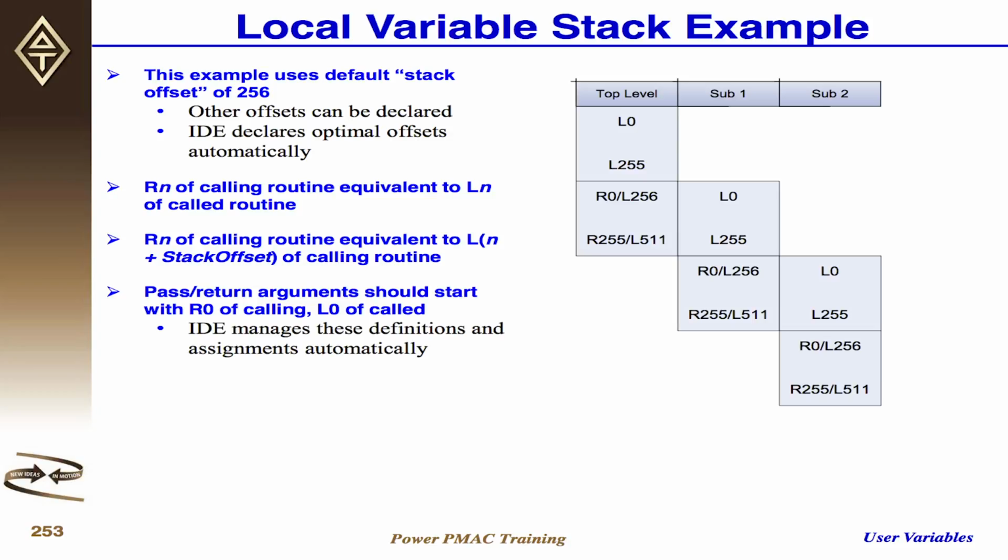That is now overriding the R variables from this one and even the L variables from this one. So you need to be careful just to make sure you're not going above 255. If you do, you probably want to try and figure out a different way to do it. Either define them as global variables or give them some scope such that they can be accessed from the subprograms directly, because with just local variables, you will be overrunning them.